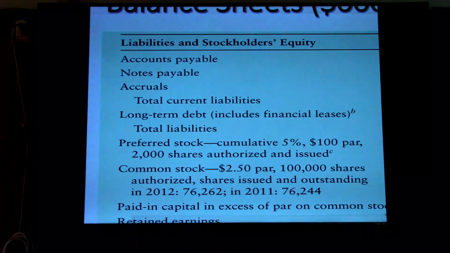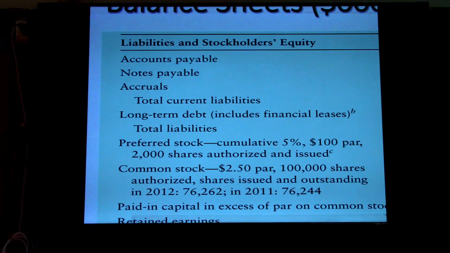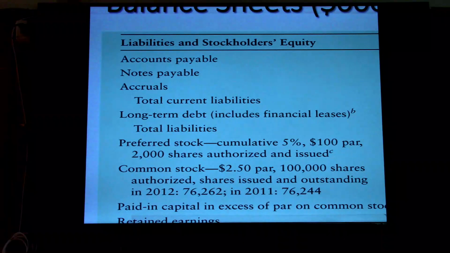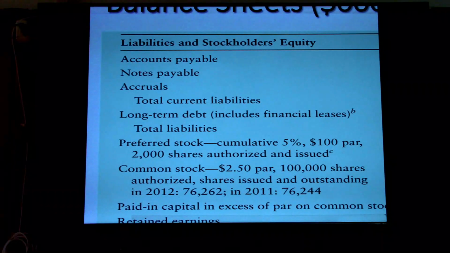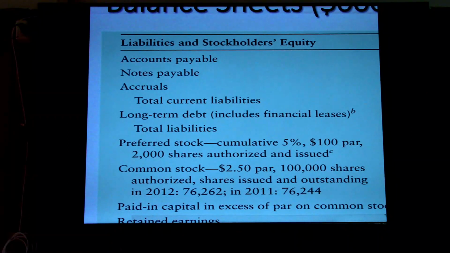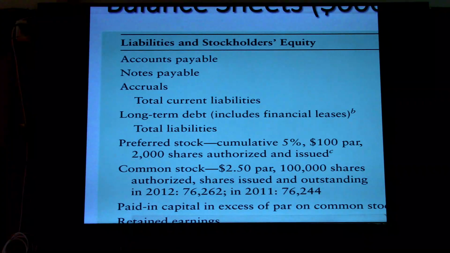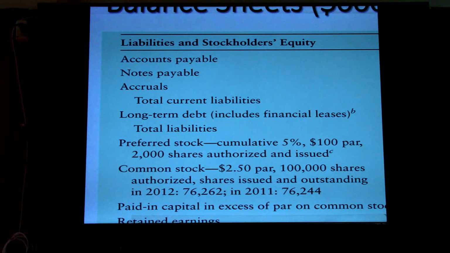Examples of current liability are accounts payable, notes payable, and accruals. The sum of current liability plus long-term debt gives us the total liability. Regarding total equity, we have preferred stocks, common stocks, paid-in capital, and retained earnings.